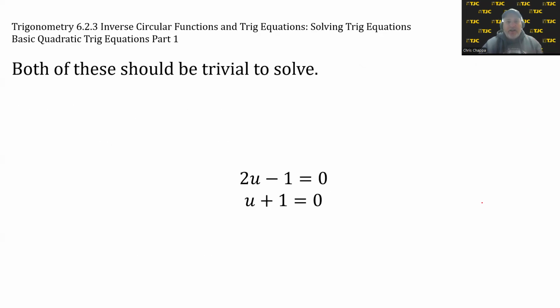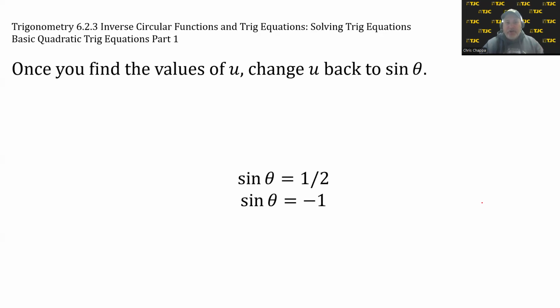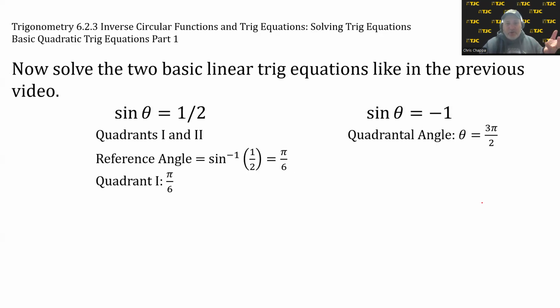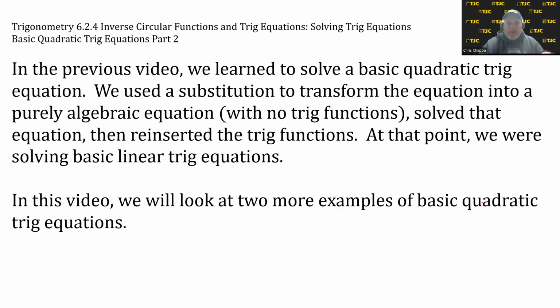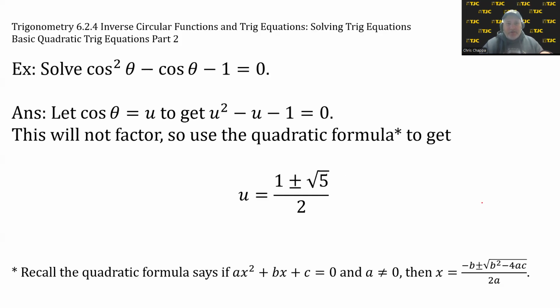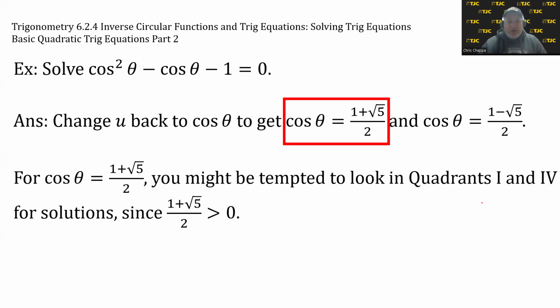We solved the quadratic equation, undid the substitution, solved each of those subsequently, and then turned them into general solutions. But when we had this one, and did the substitution, we had to use the quadratic formula, which gave us ugly answers. Beware of ugly answers, because it may not be obvious whether or not they're in the ranges of the trig functions, which means you have to think about their decimal approximations.